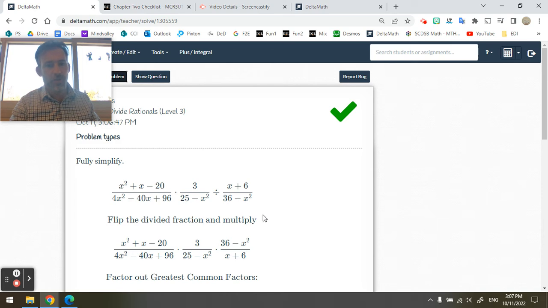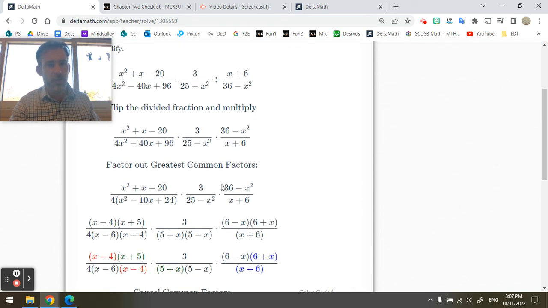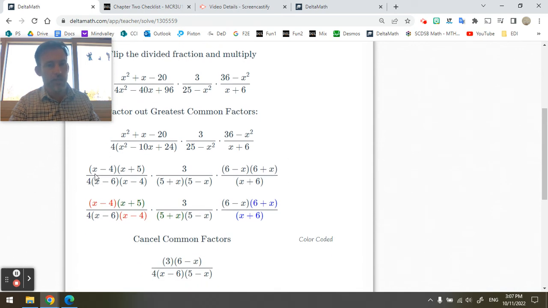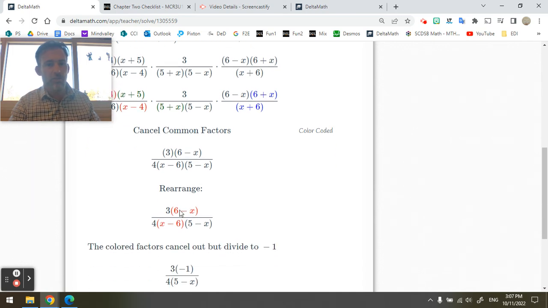So that's how you do it. Flip the divided fraction and multiply. Flip it. Factor out the greatest common factors. All right, so they did that. They're writing a lot of lines here. Factor it fully. Cancel out common factors. x minus 6 is the same, x minus 4 is the same. And then here, look how they rearranged 6 minus x over x minus 6.